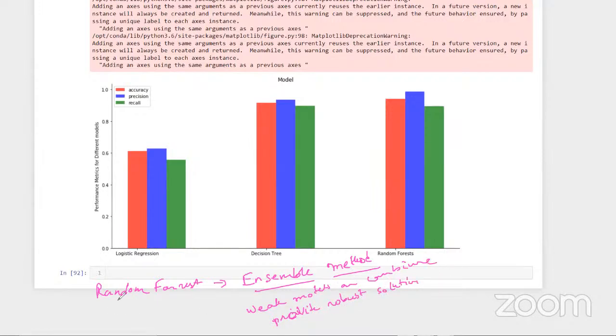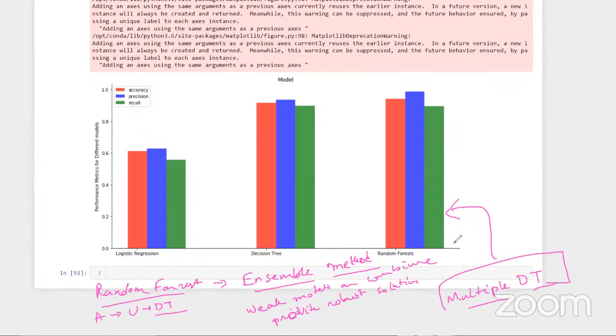Random forest uses decision tree as its unit. It is a combination of multiple decision trees. So random forest gives us a better result than decision tree, as we can see here.